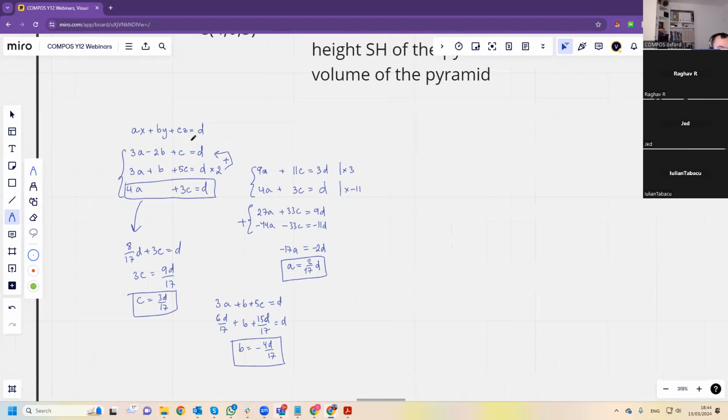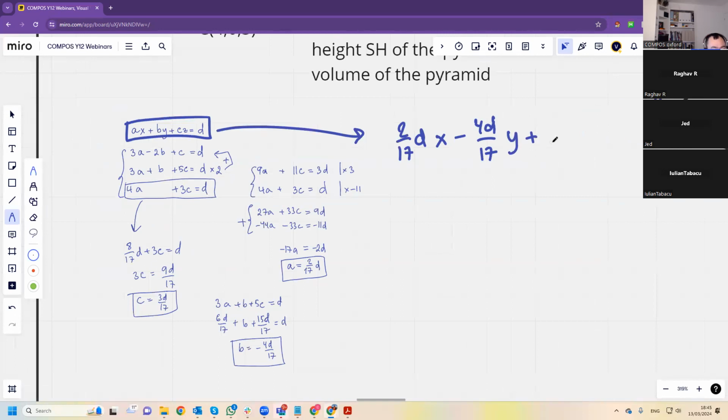Okay, so we take this finally, and we write down ax. So this is 2/17 d x plus b, which is minus 4d on 17 y, plus c, which is 3d on 17 z, equals d, and d predictably cancels.